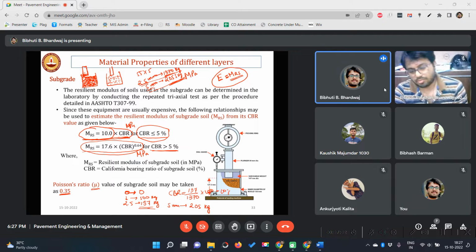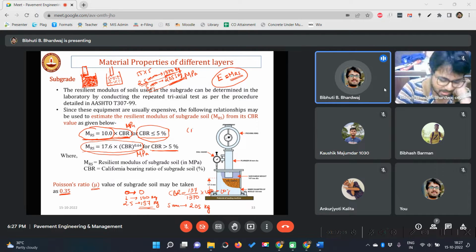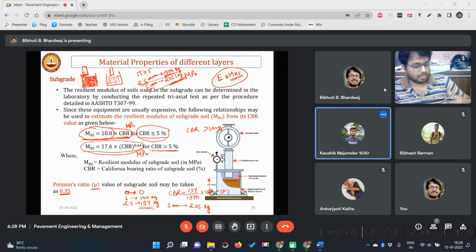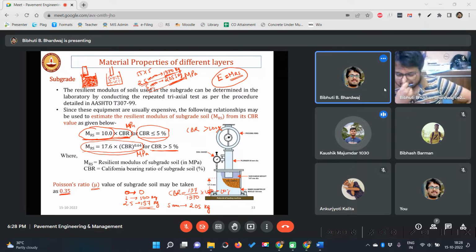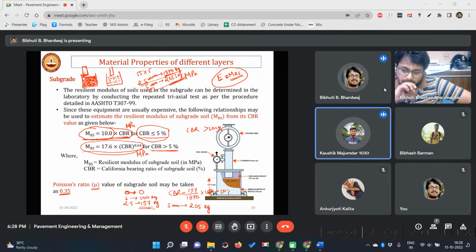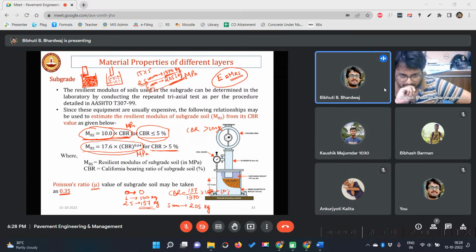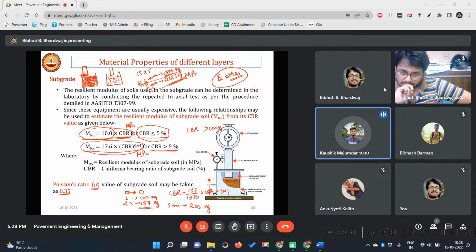Now my one question to you: can CBR be more than 100%? Yes, sir. Why? Sir, because the engineers of California measured their aggregate and took it as the maximum. So if some aggregate is stronger than those, it will of course be more than 100%.